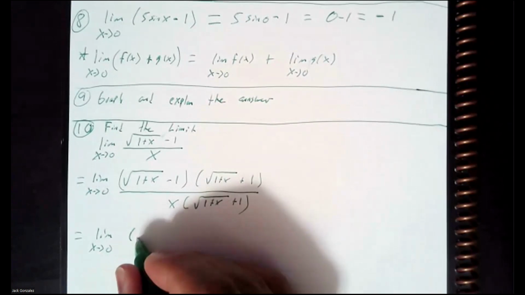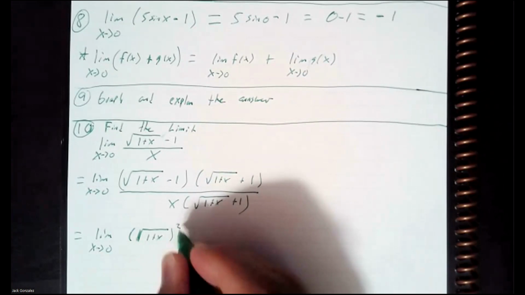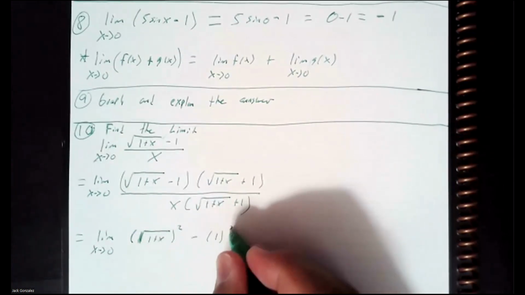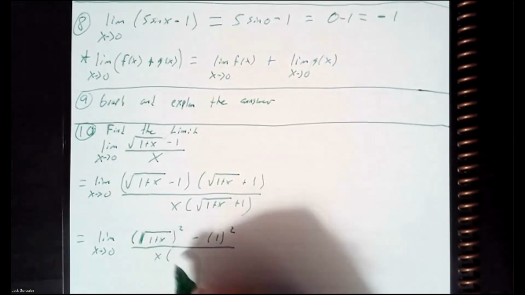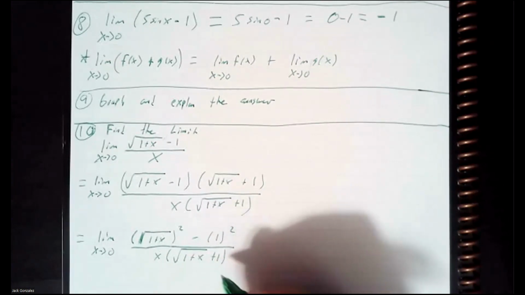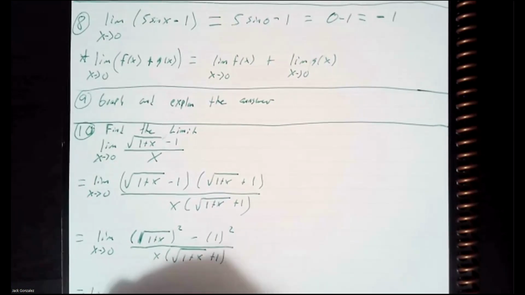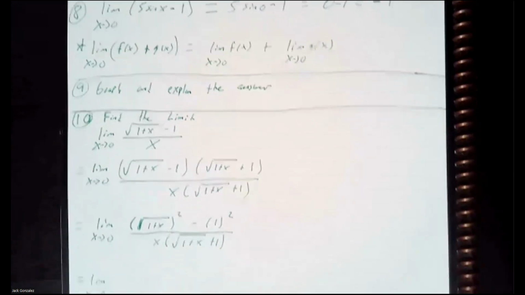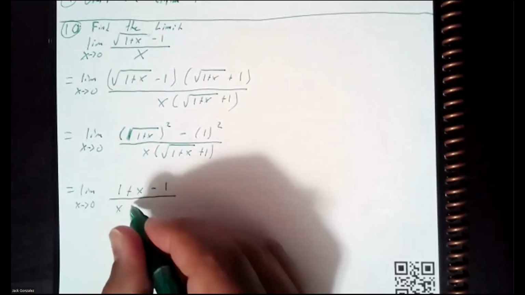So that'll be (square root of 1 plus x) squared minus 1 squared over x times (square root of 1 plus x plus 1). So you get 1 plus x minus 1. You see how the x's are going to cancel?